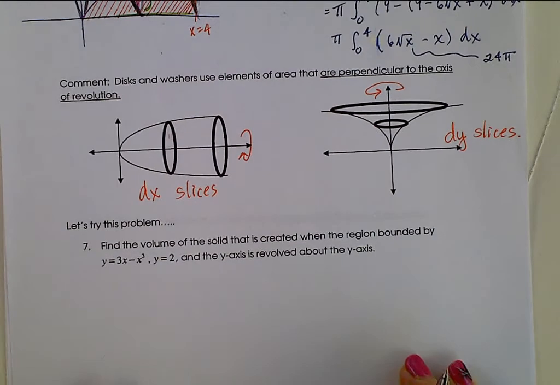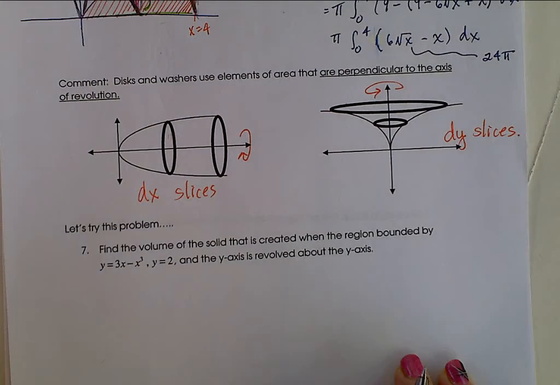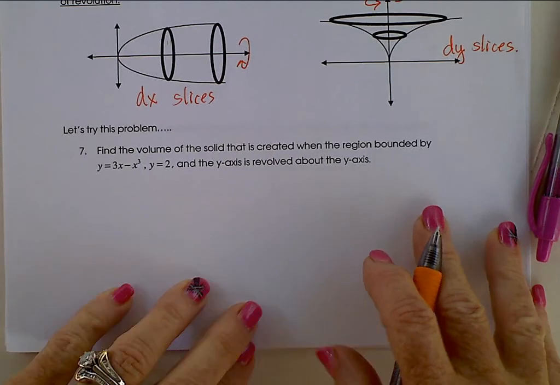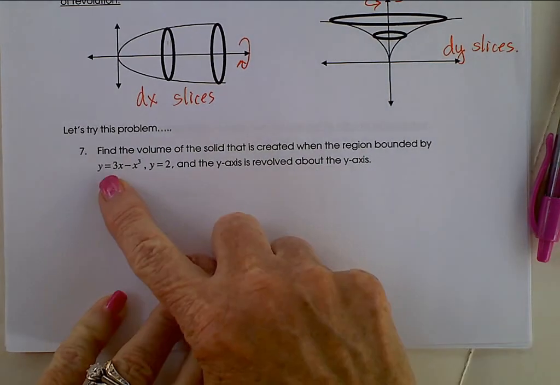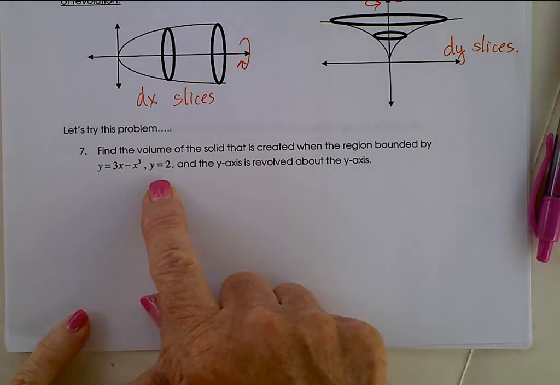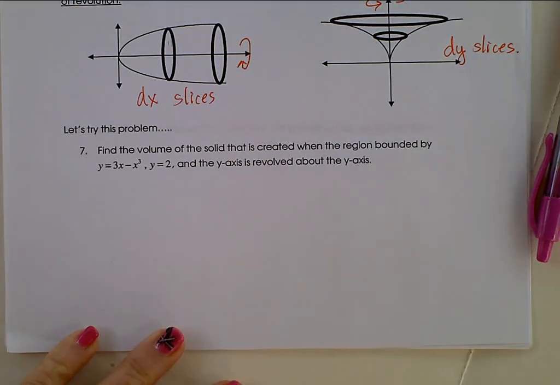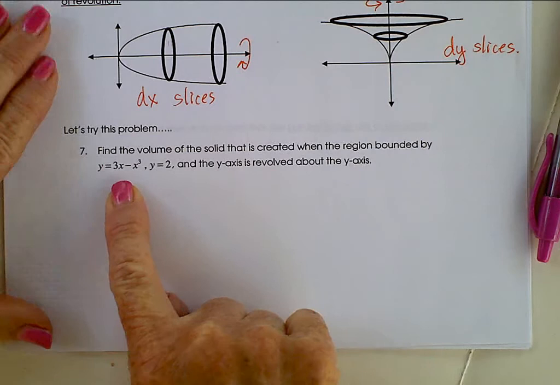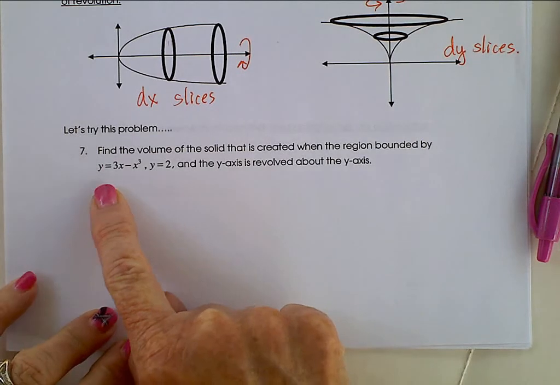Okay, so let's come down here, and I want you to find the volume of the solid that's created when the region in the first quadrant bounded by y equals 3x minus x cubed, and y equals 2, and the y-axis is revolved about the y-axis. So go ahead and graph that on your calculator.